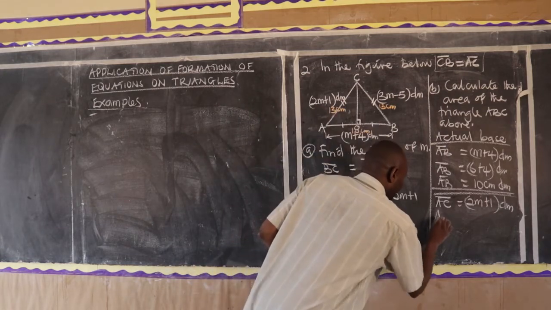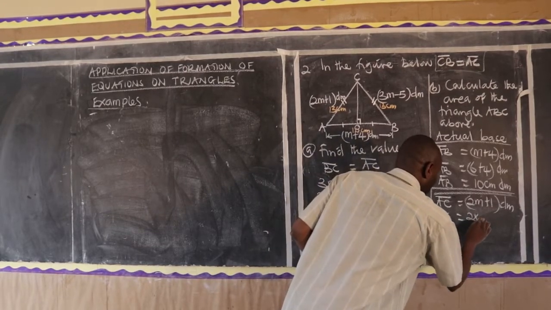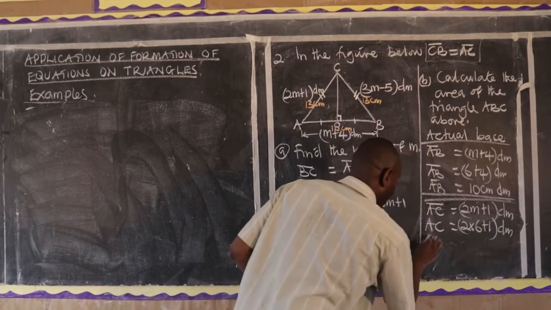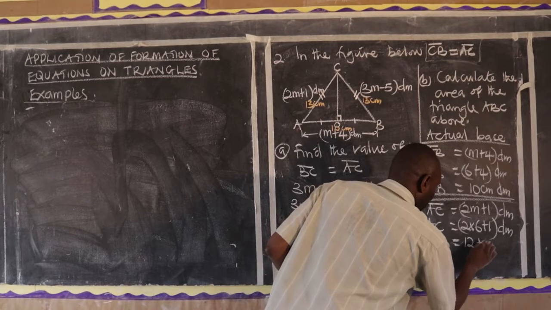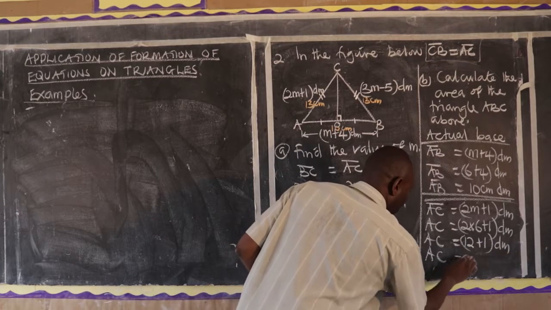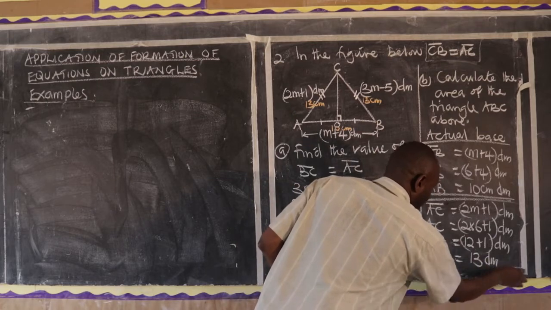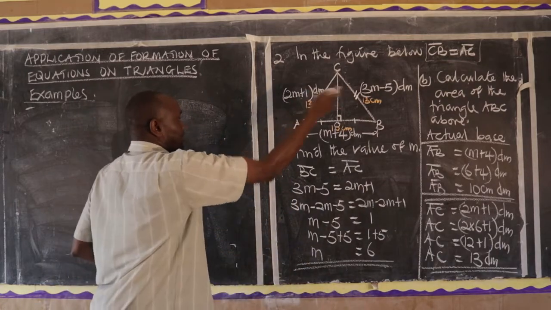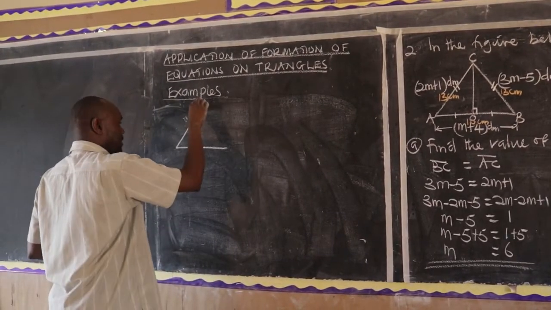No. The examiner will circle and award you 0. So 2 multiplied by 6 plus 1 decimeters. So AC will give us 12 plus 1 decimeters, and this AC gives us 13 decimeters. So we have known that length. Therefore, our triangle, we have now known it.